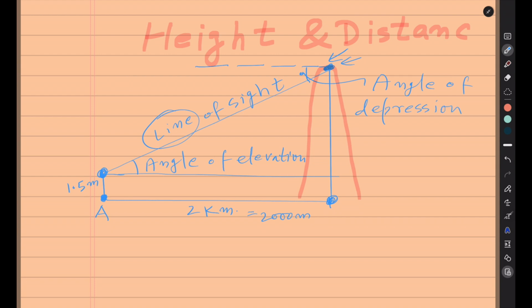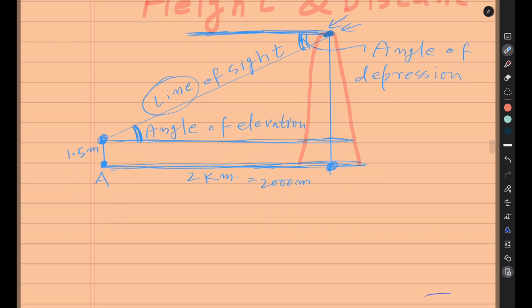But you know that this line as well as this line and this line, they all are parallel to each other because they all are horizontal. So the angle of depression will be equal to the angle of elevation, isn't it? So I think these are some basic definitions which we should know.